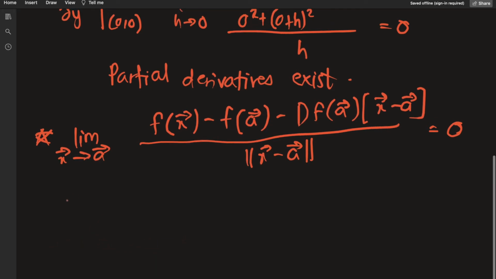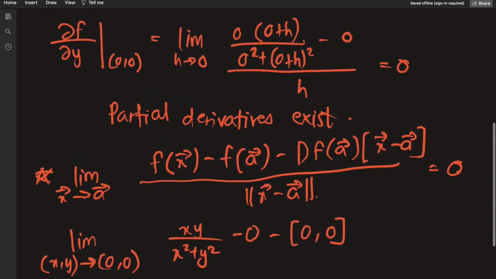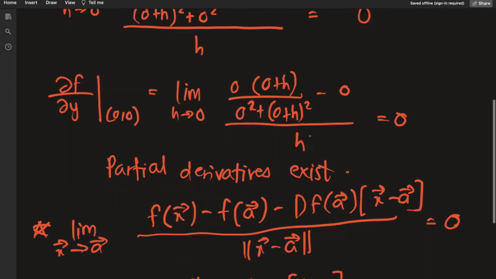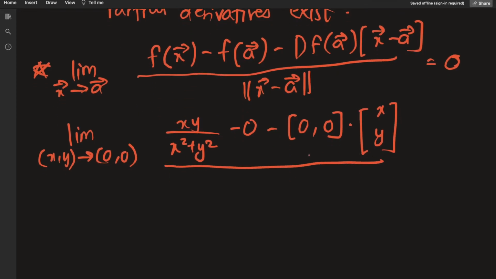Okay, now we know our point is 0, so we want our x and y to approach 0. f of x is just xy divided by x squared plus y squared, minus 0, minus, well, we found the partials, so the Jacobian matrix is 0, 0, dotted with just the x vector, which is this, divided by the magnitude calculated this way, the square root of x squared plus y squared.